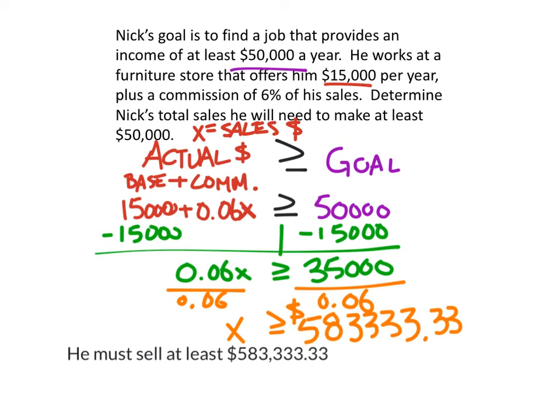So if you said 34 cents instead of 33, that's fine, you guys. But that would be the final answer on that. And you could have reworded that. You could have said he could sell $583,333.33 or more. It means exactly the same thing.